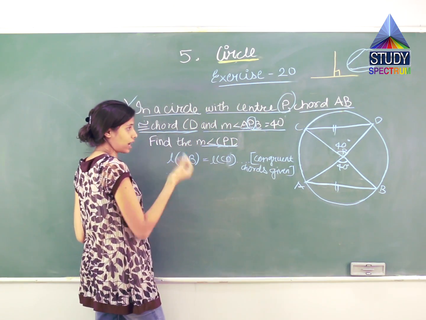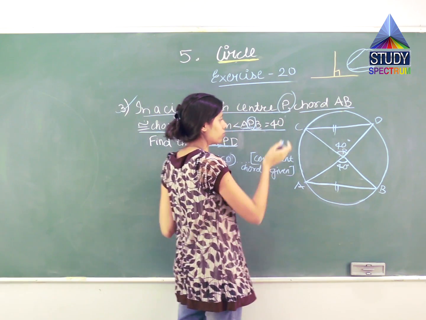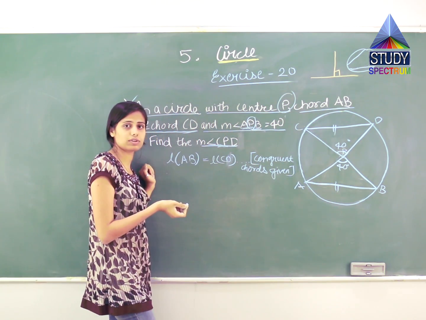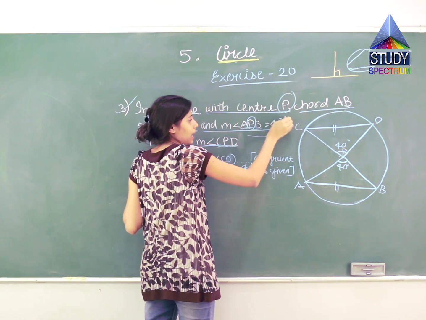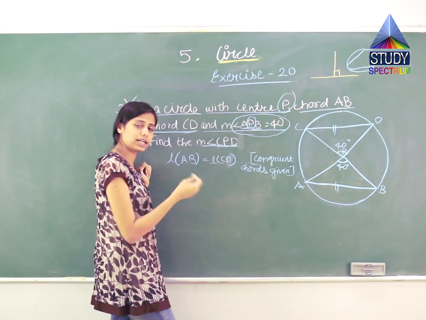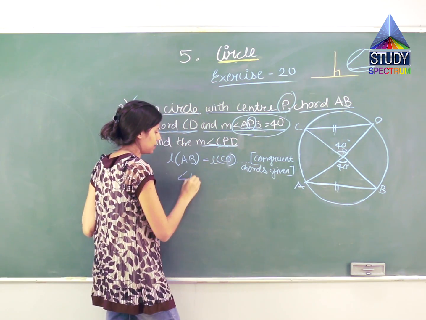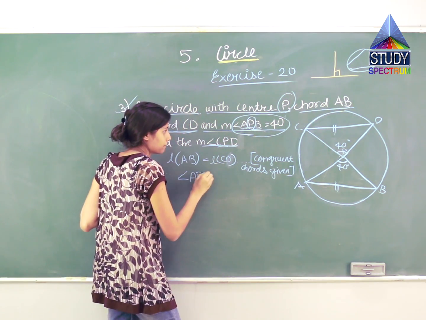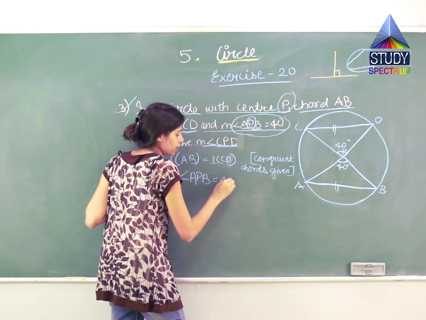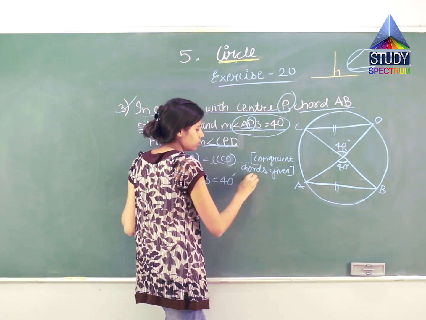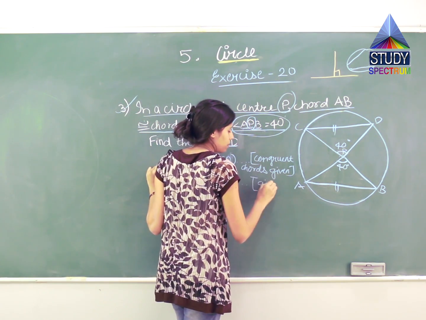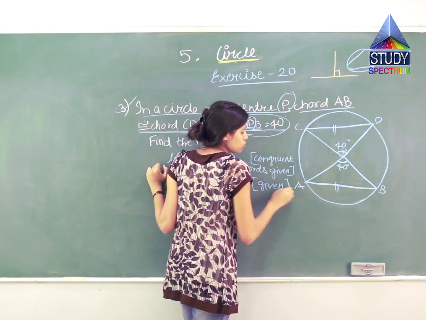Now let us write again. Now which additional information is given? Angle APB is 40 degrees. So let us copy this information. Angle APB is equal to 40 degrees. What is the reason? The reason is given, means given in the question.